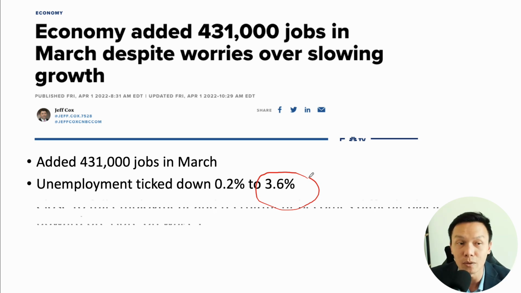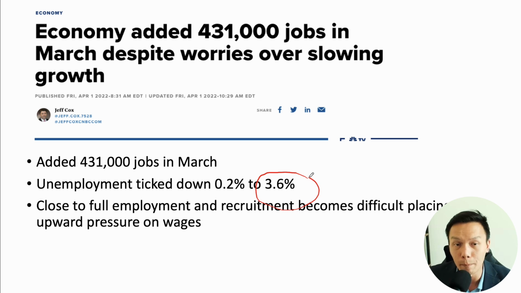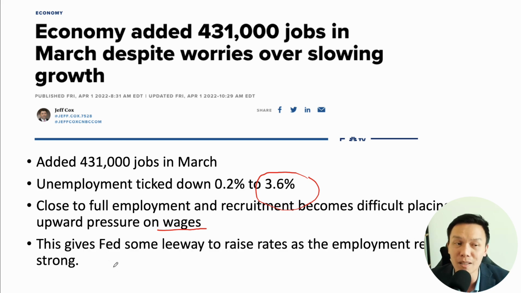With close to full employment, there's going to be some upward pressure on wages as the labor market tightens. With a good economy where almost everyone is employed, and to make sure that wages do not increase beyond what they can control, this gives the Federal Reserve some leeway to raise rates, as employment is really strong right now.